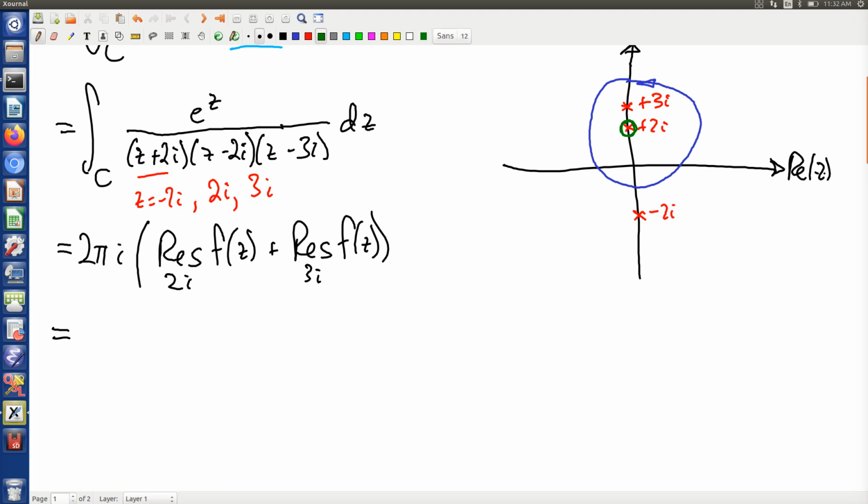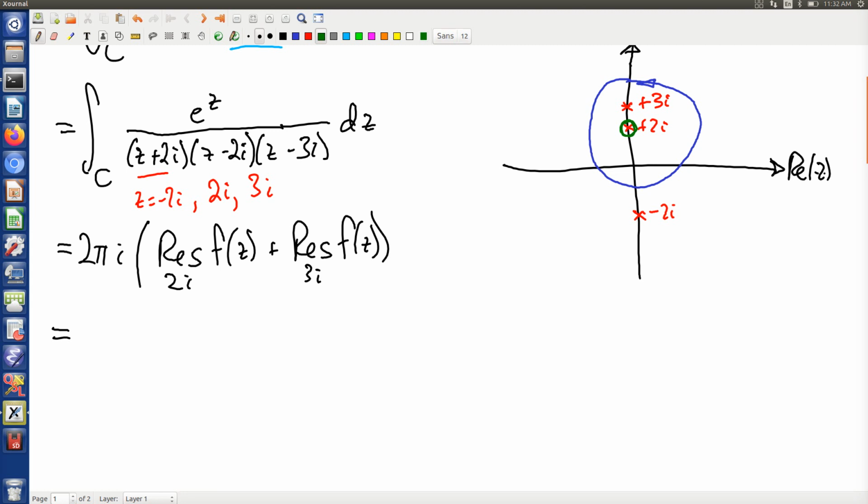Well, you'll notice that the e to the z part is analytic there and at 2i, as is 1 over z plus 2i. That'll be 4i, more or less. And 1 over z minus 3i is also analytic, no problem there.